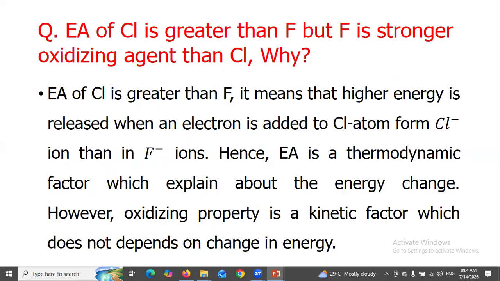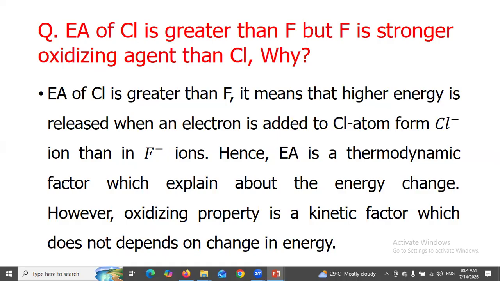Electron affinity of chlorine is greater than fluorine. It means that higher energy is released when an electron is added to a chlorine atom to form chloride ion than in the fluoride ion. Hence, electron affinity is a thermodynamic factor which explains the energy change.